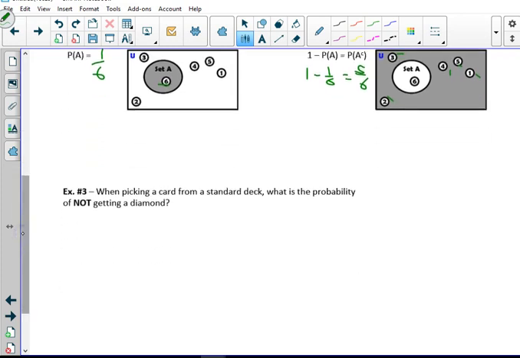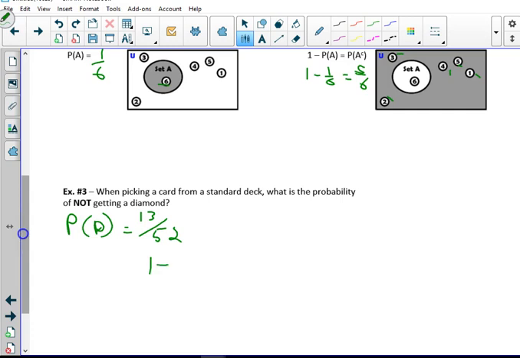So for example, when picking a card from a standard deck, what's the probability of not getting a diamond? Well, how many diamonds are there? So first off, the probability of getting a diamond is 13 out of 52.